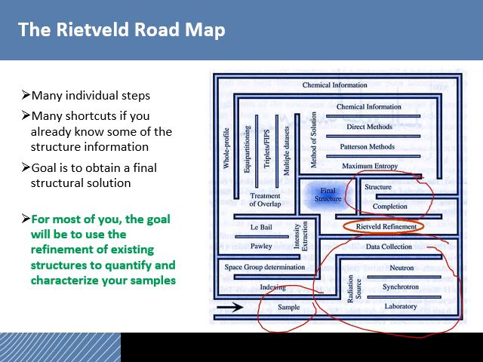Okay, and then once we get to that structure, they use the Rietveld refinement, which is the refinement of all these parameters within the structure to get to a final structure solution, which is something, like I said, a crystallographer might use. You will not go through all these steps. You will obtain a diffraction pattern, and then you're going to use existing structures that are available in databases to do your analysis, to hopefully provide you quantitative and other characterization aspects of your samples.